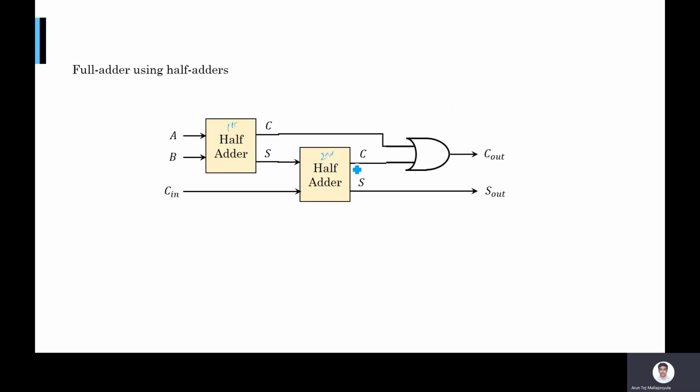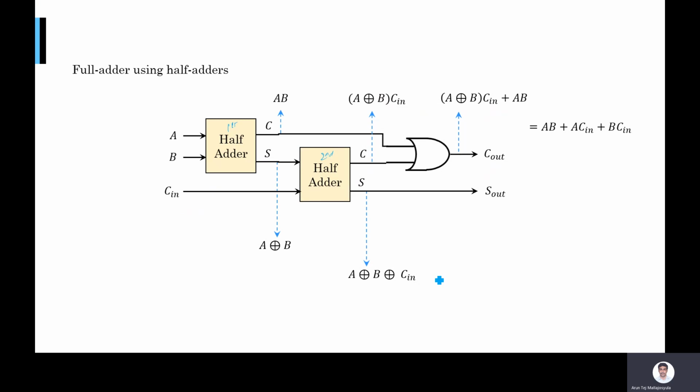Okay, so this second half adder carry and first half adder carry are given to the OR gate, and I will get the output. So I can realize my full adder using half adder. Okay, so that is the purpose here for showing this circuit. So at each stage I'm showing various outputs. You can easily realize that this is a full adder circuit.